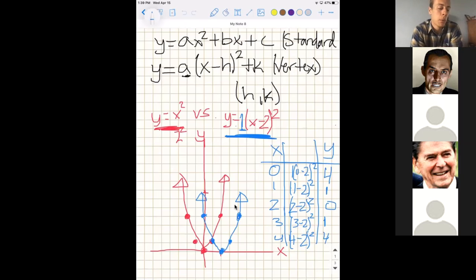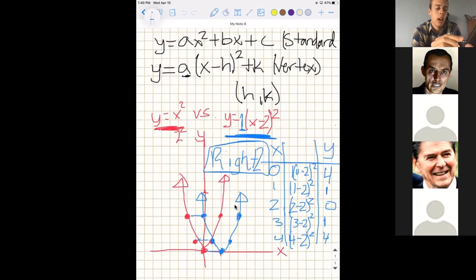What happened to all our points when I go from the red to the blue? It slid over. Everything got shifted to the right 2. And notice our equation, we had x minus 2.